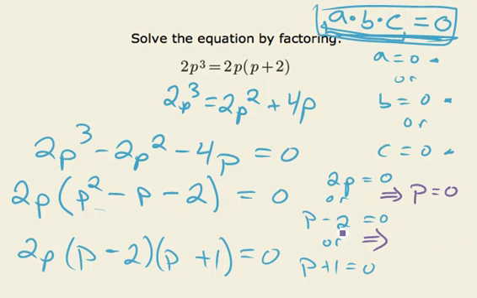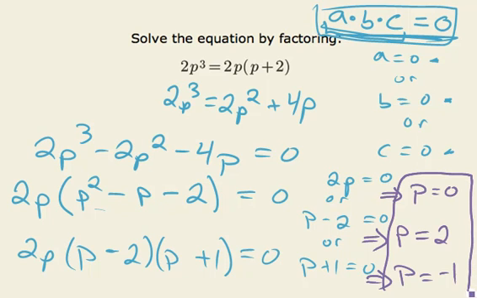For p minus 2 equals 0, add 2 to both sides, I get p equals 2. For p plus 1 equals 0, subtract 1 from both sides, I get p equals negative 1. So here are my three different answers to the original equation, 2p cubed equals 2p times p plus 2.